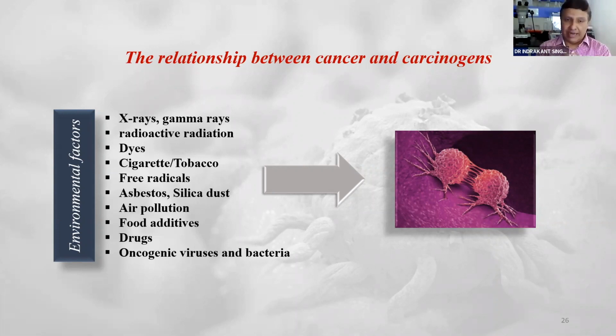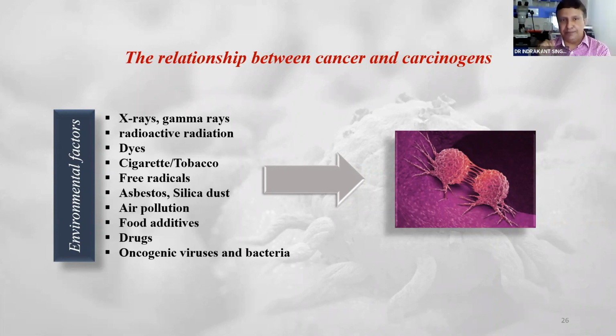I will show you in the next slides a map of the world where cancer cases are more and less, and then you can correlate with your food habits, or the way we are preserving our food, or our lifestyle. Besides that, there are various drugs also. Some of the chemicals used in perfumes, which all our young generation, and of course all of us, like, oncogenic viruses, and bacteria play an important role in the risk of cancer.